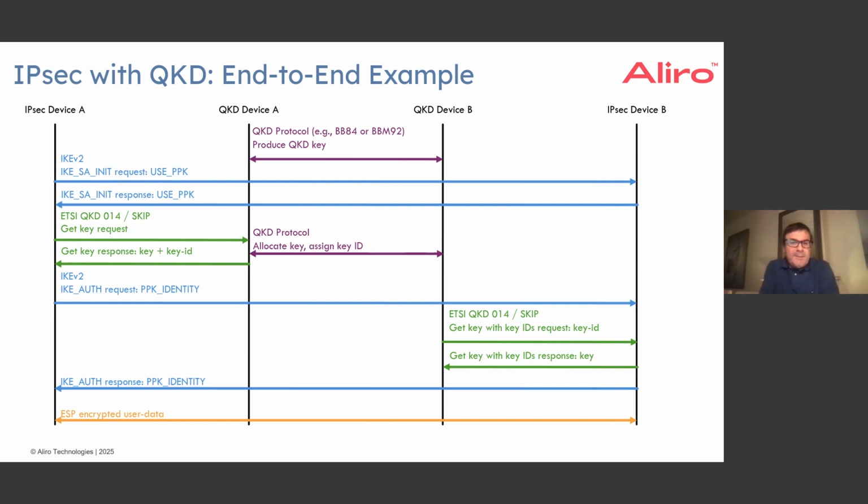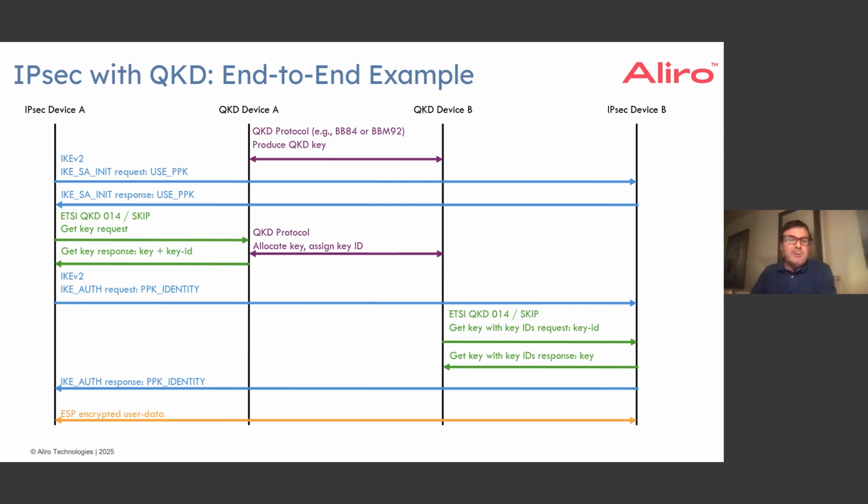The initiator IPsec gateway transfers this key ID to the responder IPsec gateway in the PPK identity notification, which is in the IKE auth message. And then the IPsec gateway on the responder side invokes the getKey with key IDs API call on its co-located QKD device, providing the public key ID that it received in the IKE auth message.